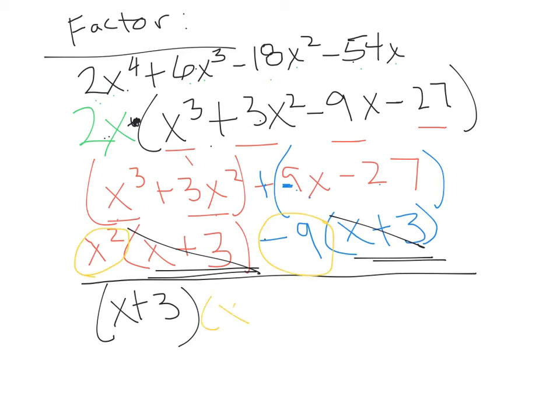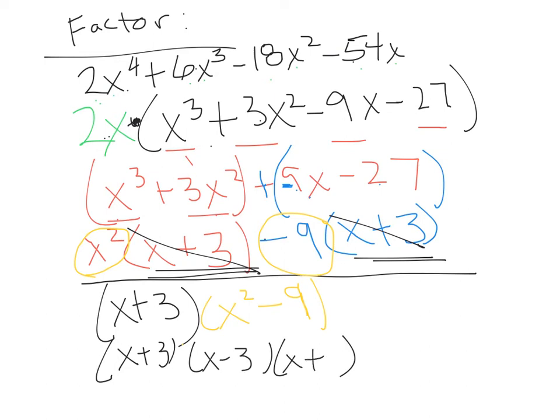So I have x squared minus 9. Now, a couple of tricks are happening right now. X plus 3 is definitely prime, but x squared minus 9 is a difference of squares. So I need to factor that again. So I have x plus 3, and then x squared minus 9 becomes x minus 3, x plus 3, following that pattern from the previous slide.